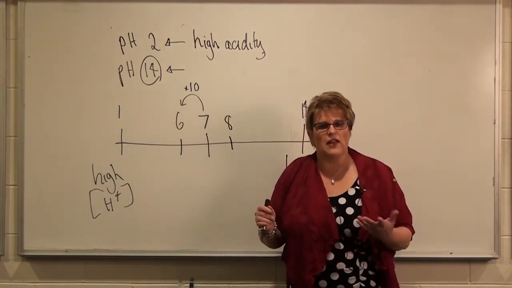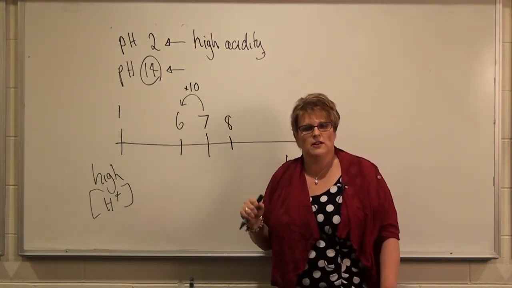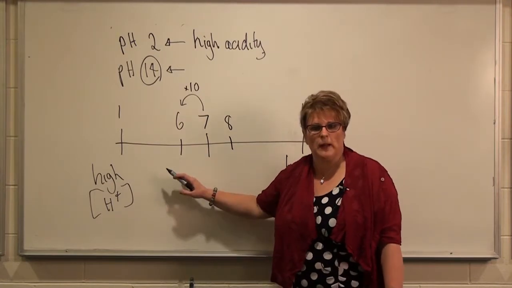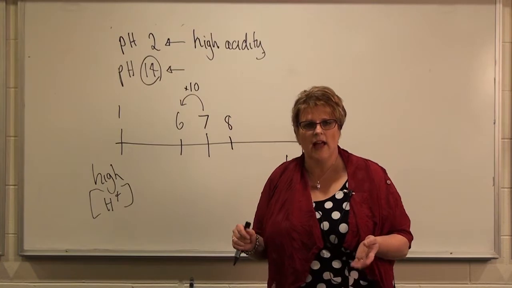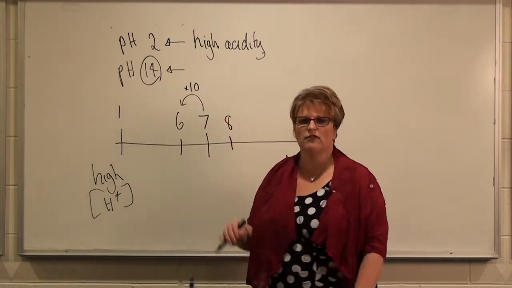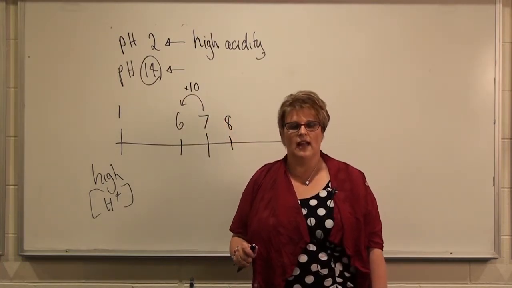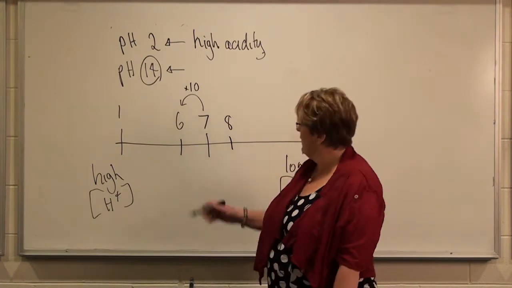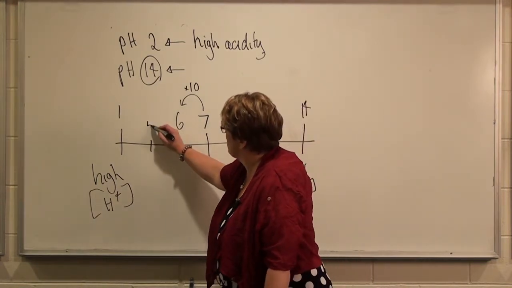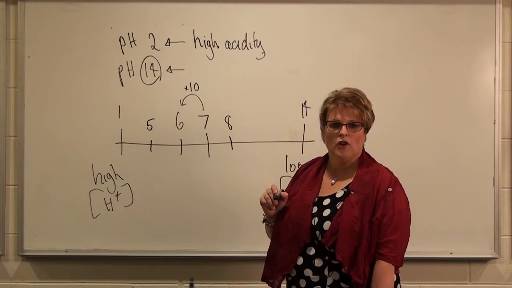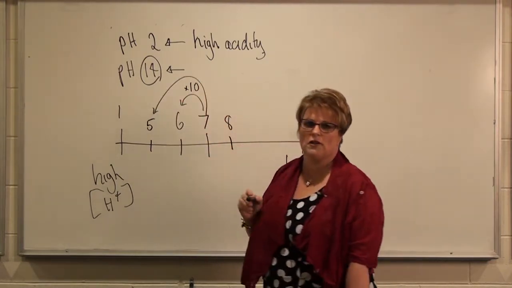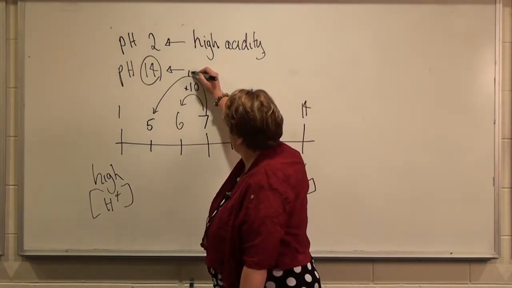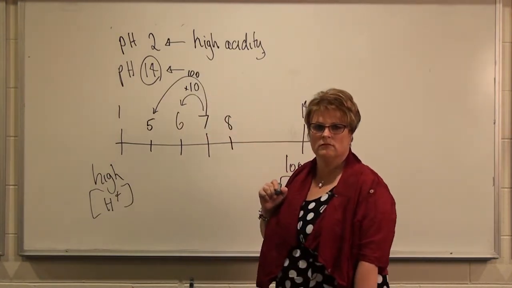So if you hear that a solution has been adjusted from pH 7 to pH 6, that may not sound like a lot of difference in acidity. However, it's actually a 10-fold increase in acidity. Likewise, if you go to pH 5 here, you're actually increasing the acidity, because this is a logarithmic scale, 100-fold.